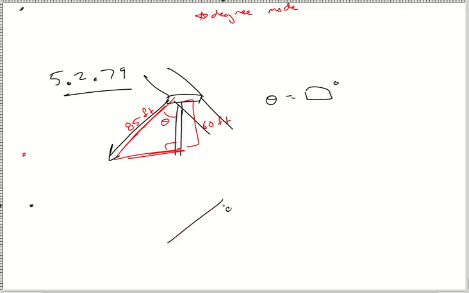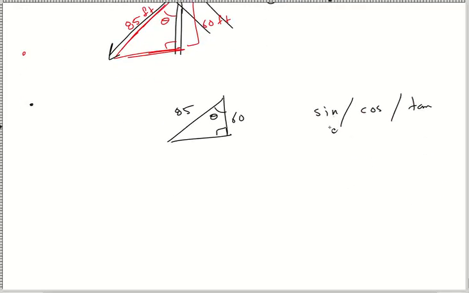I have this triangle here. And there's my angle. It's a little different than normal, so be careful, okay? Out of the sine, cosine, or tangent, which one is most appealing? Which one makes the most sense? And I'm going to say it's sine, because... No, I'm sorry, that was wrong. I thought that too. Look, it's the opposite.